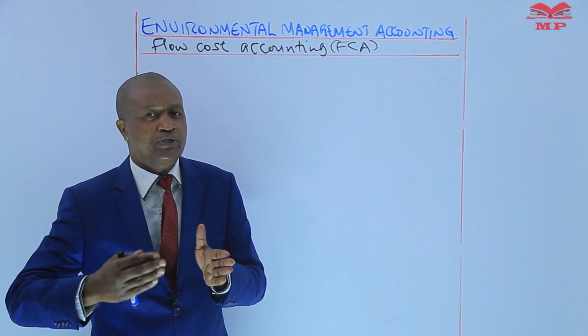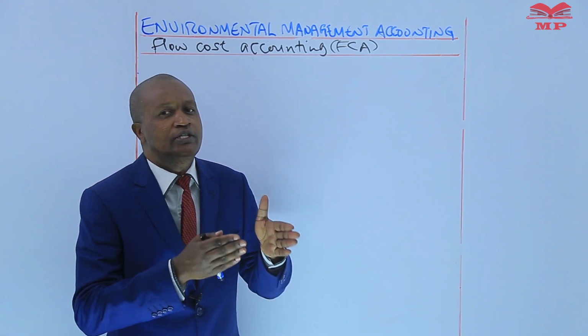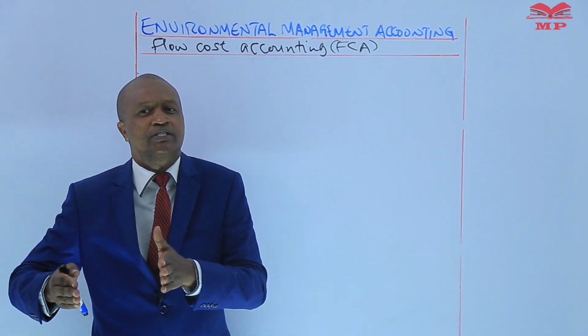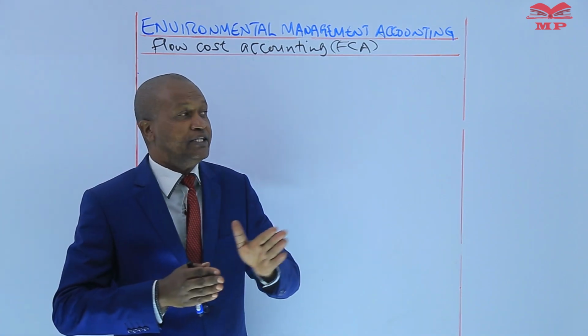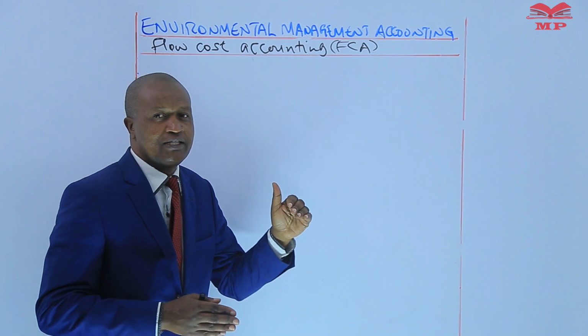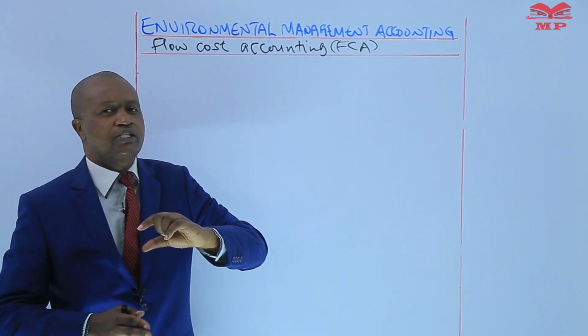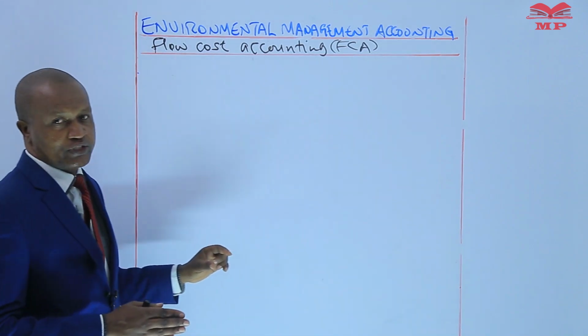We saw that the input and output technique focuses on just tracking inputs and outputs. But the flow cost accounting technique focuses on the flow of materials and resources throughout the production process.